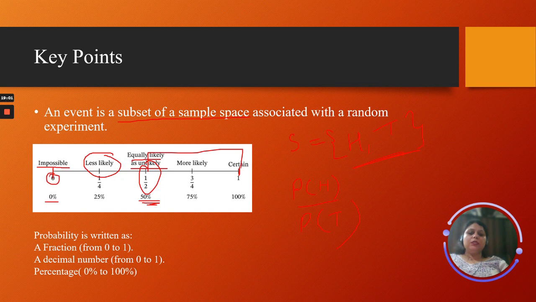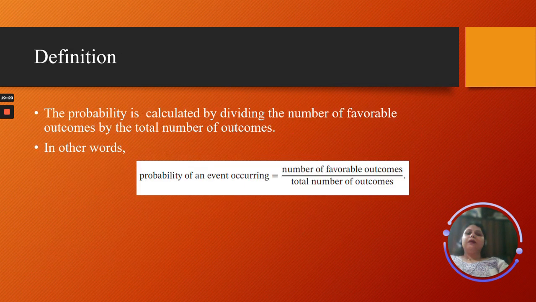Next we have the definition. How do we actually calculate the probability using this formula? The probability of an event is defined by this ratio: number of favorable outcomes divided by total number of outcomes. So we'll try to understand the formula here. For example, if you throw a dice, first of all we can write the sample space.